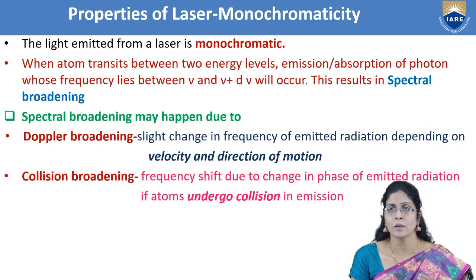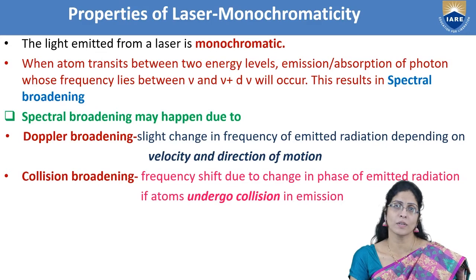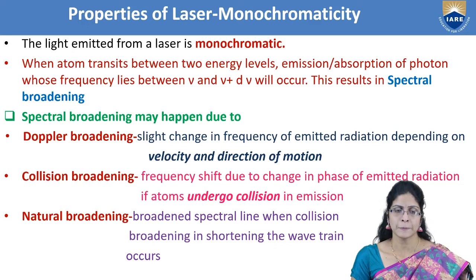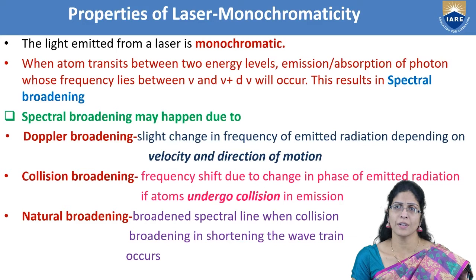And this individual phenomenon which leads to the spectral broadening is known as collision broadening. And natural broadening is when you take any particular wave traveling in a medium: there will be a change in its amplitude and phase when it interacts with the other medium or with other wave trains.